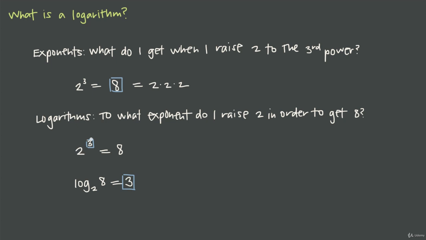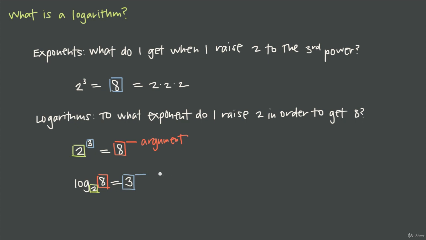So this is the base 2 raised to the exponent of 3, in the same way that we have log base 2 with the 2 down here. So this is the base in the exponential version of the equation, and this is the base in the logarithmic version of the equation. And then the argument of the logarithm is always this number right here. So this is called the argument of the logarithm, and we see that argument over here on the other side of this exponential equation.